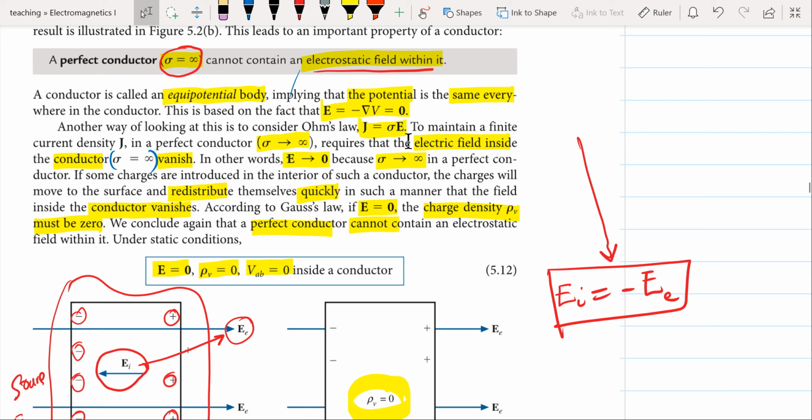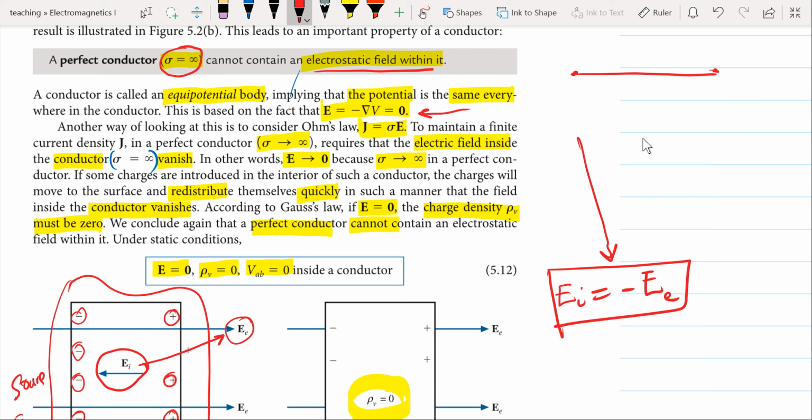And this also agrees with the condition that we defined, that if a body is equipotential, then from one point to another, the potential is the same.